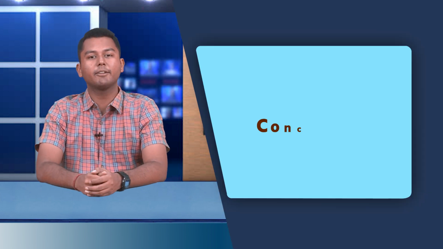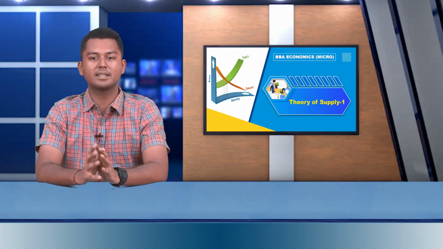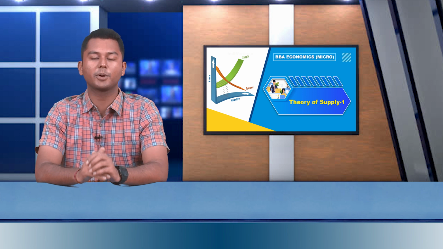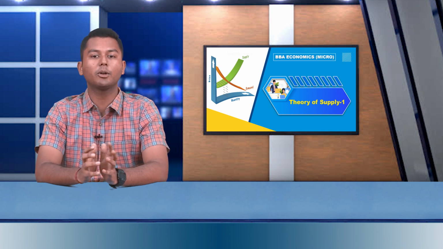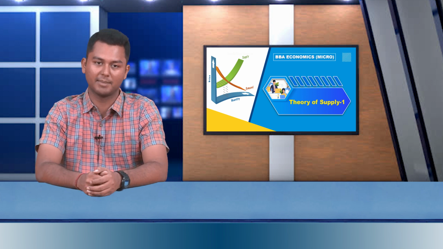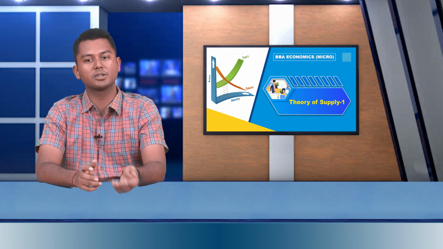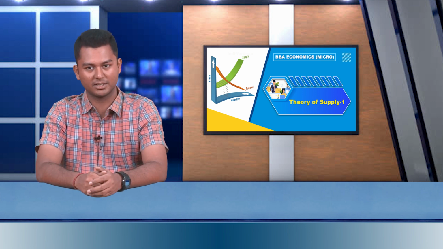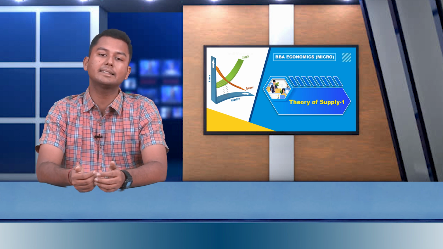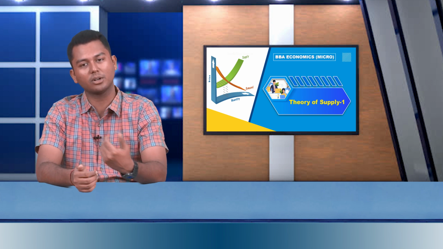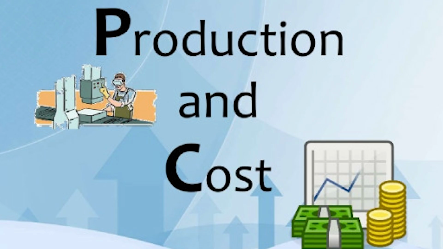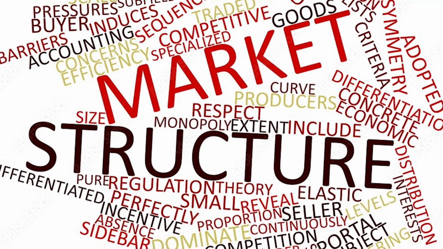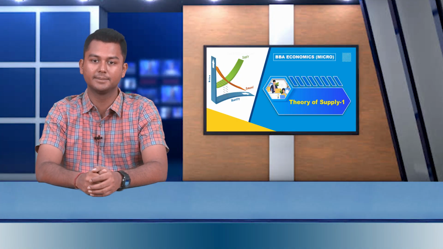So, overall, if we look at the conclusion, the theory of supply explains how producers decide the quantity of goods and services to offer in the market, emphasizing the positive relationship between price and quantity supplied under normal conditions. It highlights that supply is influenced not just by price but also production costs, technology, input availability, government policies, market structure, and producer expectations.